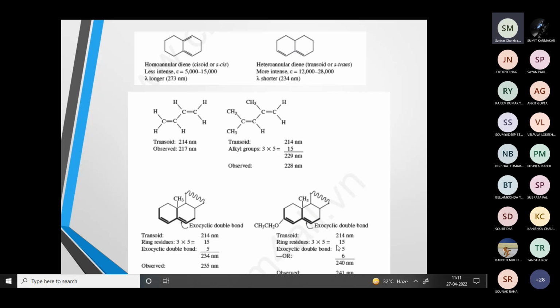So 3 into 5, that is 15, and one exocyclic is also there, and here another ethoxy group is there. For ethoxy, 6 nanometer you have to add more. So that will be 240. If you add this, 240, and the observed value is 241. So it is also very close. So the Woodward-Fieser rule as well as your experimental value are very, very close, and that is accepted for empirical calculation.